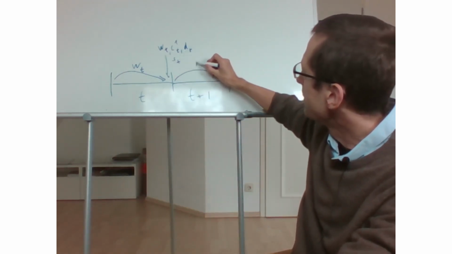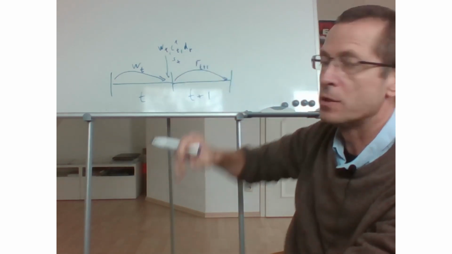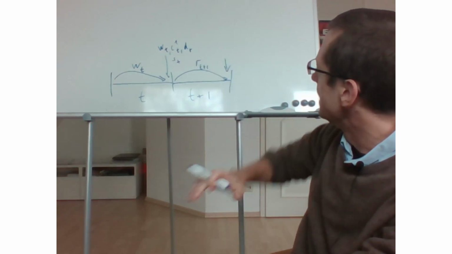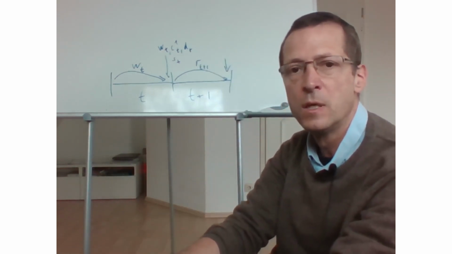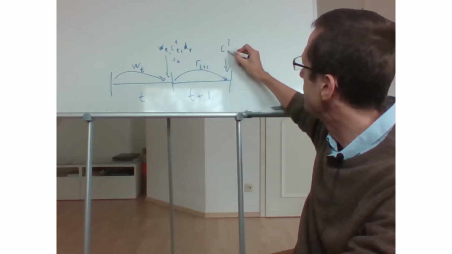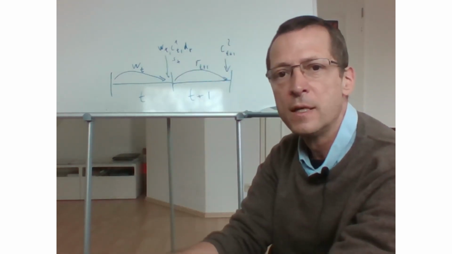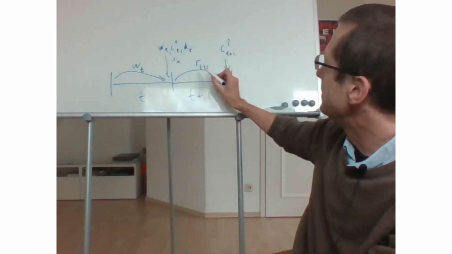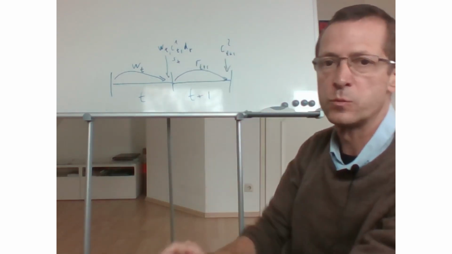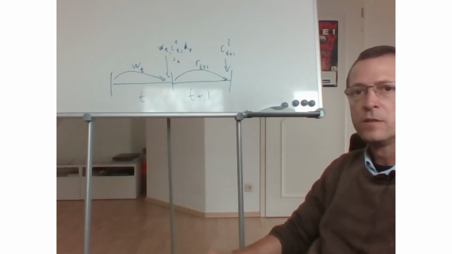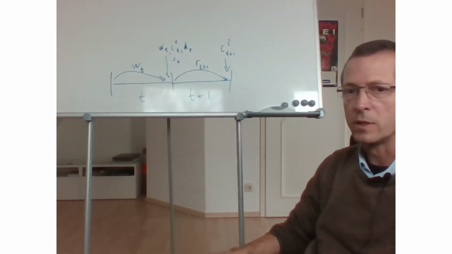And we will earn the interest RT plus 1 over this period. And here at the end of the period T plus 1, we consume C2T plus 1. And we also receive our pension, which is DT times 1 plus RT plus 1. So this is the timing in the overlapping generations model.